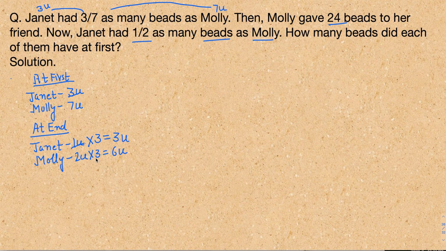Now if you observe here, earlier Janet was 3 units, later also she was 3 units, good enough. How about Molly? She was earlier 7 units, but later she was 6 units. Her number of units has decreased because she has given away 24 beads to her friend.